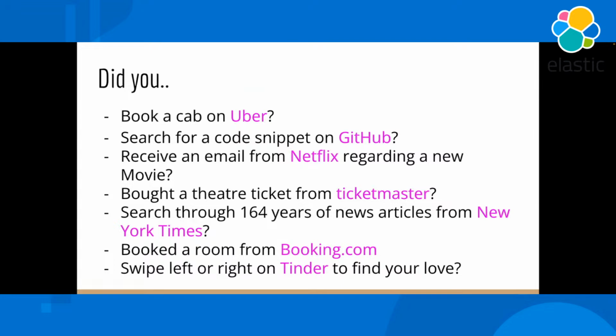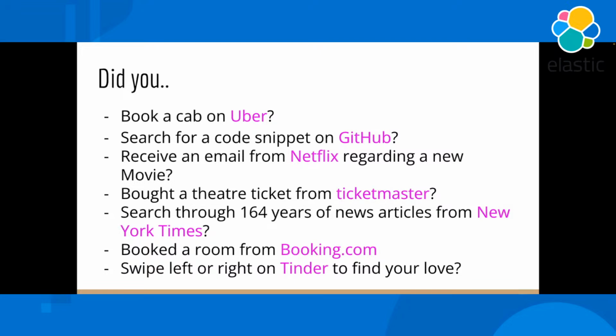To begin with, you may have booked a cab from Uber in the last month or two, or last week or so. And I'm pretty sure, if you're an engineer, you may have searched for a code snippet or some sort of bug description on GitHub or even Stack Overflow. You may have received an email from Netflix, or you bought a theater ticket from Ticketmaster.